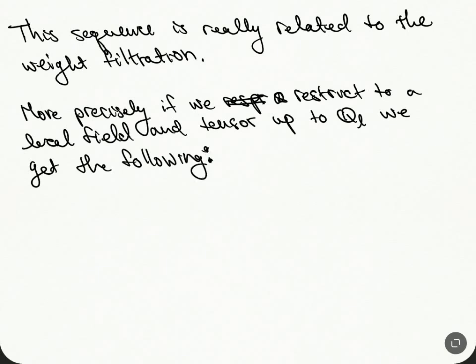Okay, so I need some notation. We're going to let VL of y be TL of y tensor QL, and the same thing for VL y bar.